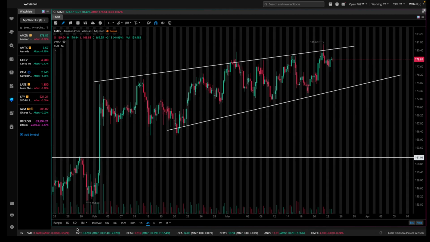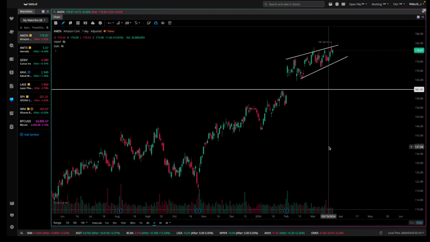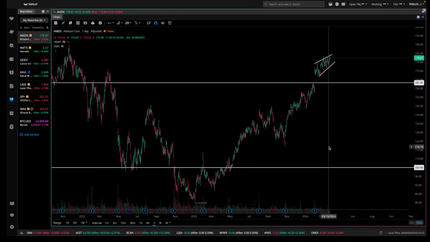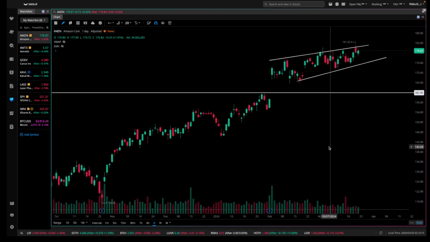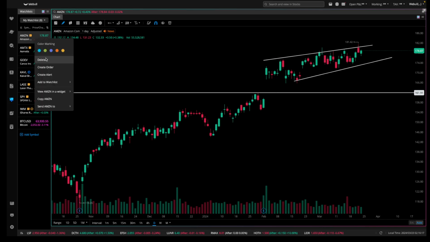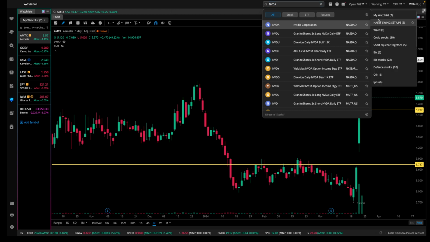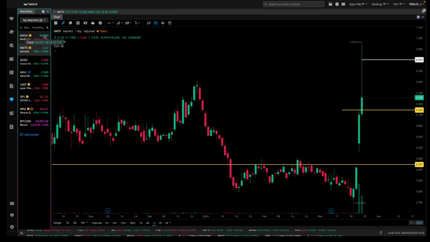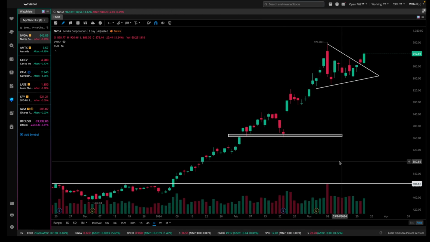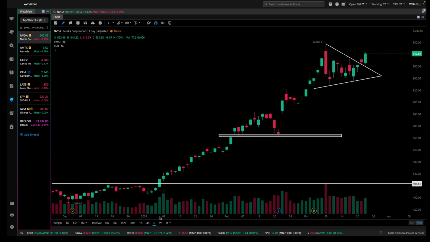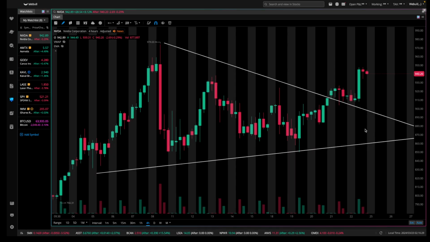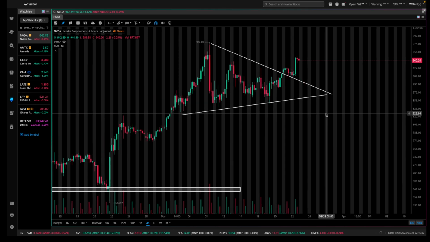So let's just look at this chart. It's a very volatile chart. I think this chart is a bit too volatile. Let's look at NVDA. I want to look at a larger cap. Might help you guys a bit more as well on a higher time frame. So this chart is a lot cleaner. The daily broke out as well. I actually predicted this.